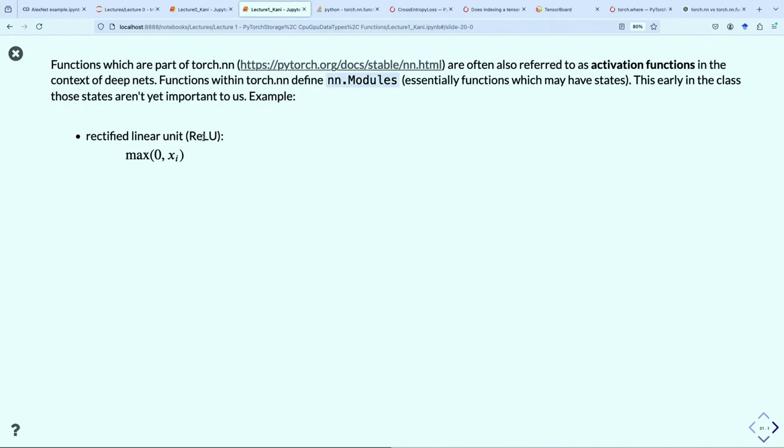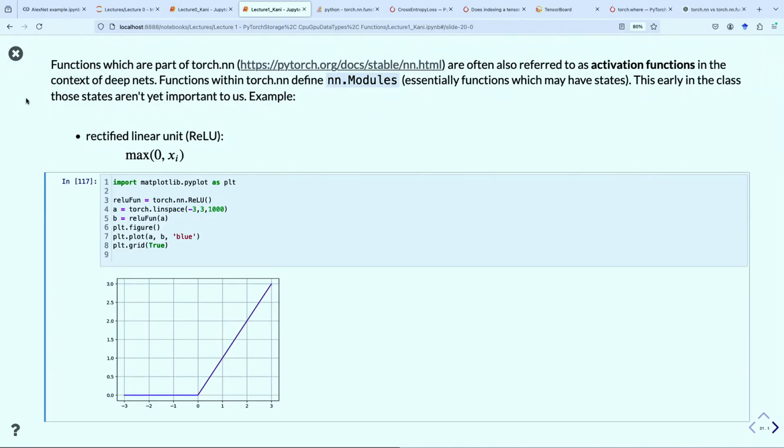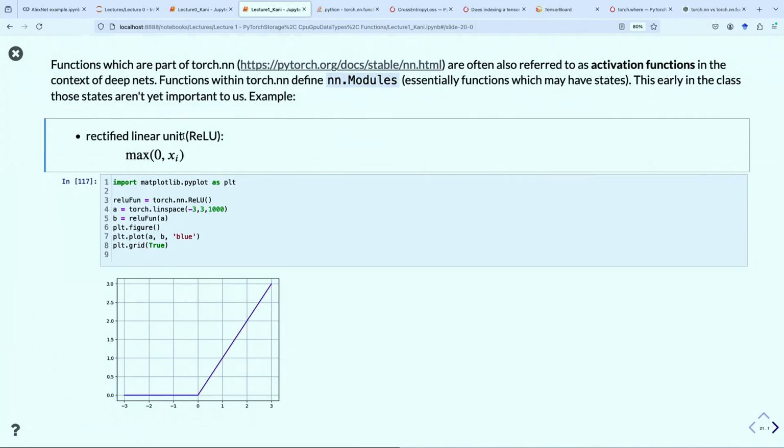For instance, the rectified linear unit is an activation function specific to the torch library, because it's used in a lot of machine learning applications. All this function does is, if the value x is greater than 0, use that value. If it's not greater than 0, then select 0. This is important for a lot of machine learning nets that don't really want to use negative weights.